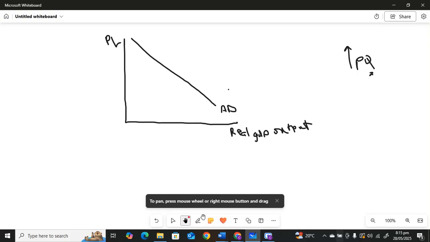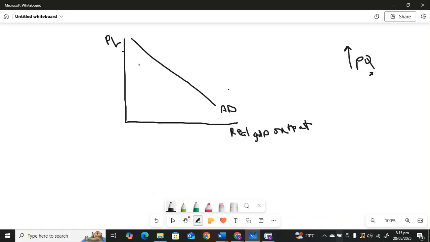So at high price levels, there is low expenditure within a nation. People are spending less or buying less because things are expensive. And if companies within the economy see that people are buying less, there won't be any incentive to produce more, because your goods will just sit in the stores.